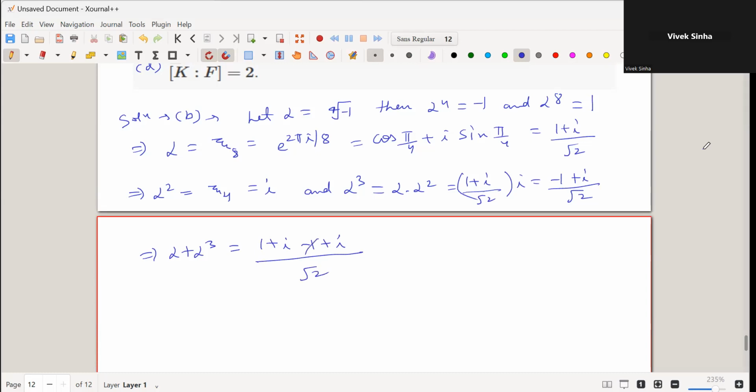So this is 2 iota by root 2, and that is root 2 iota, which is root 2 times root of minus 1, that is root of minus 2.